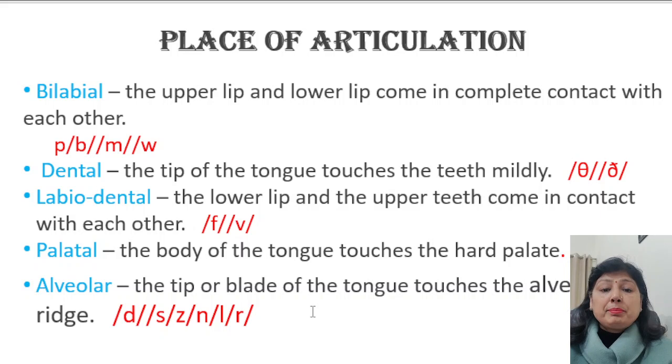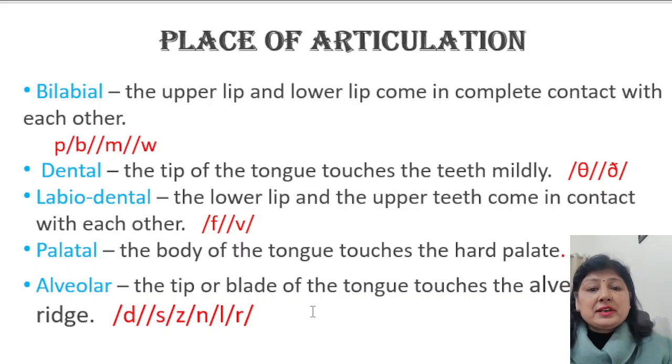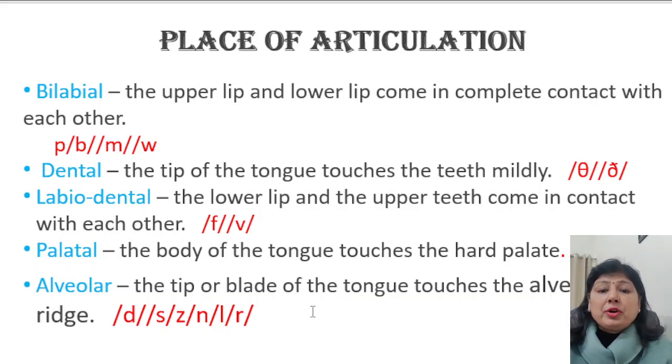Next is palatal sounds. In palatal sounds, the body of the tongue touches the hard palate, as in the sound j, as we say yes, yarn, yellow. You can also practice it and feel. The next one is alveolar sound.